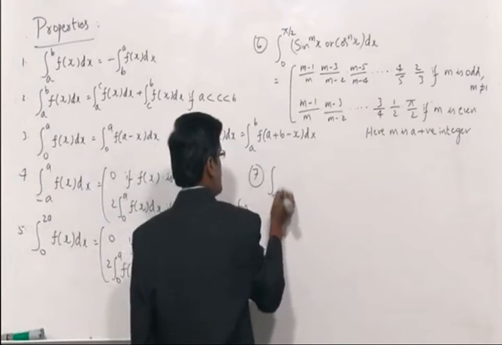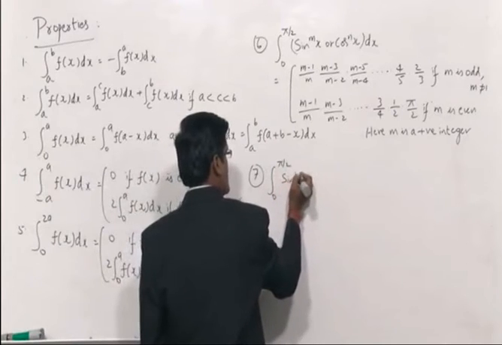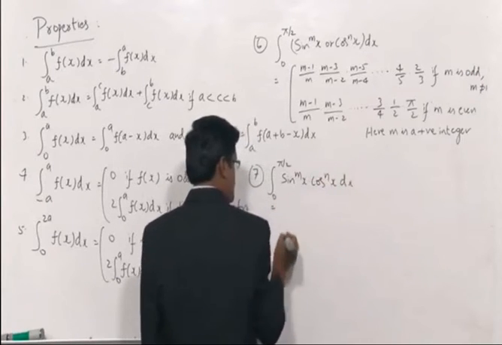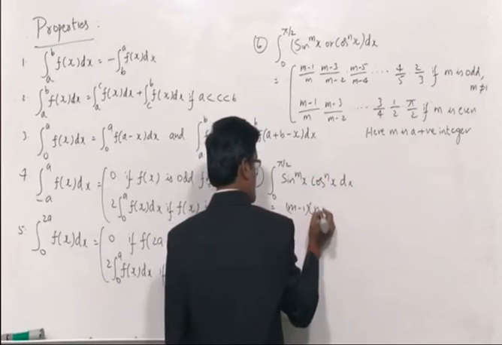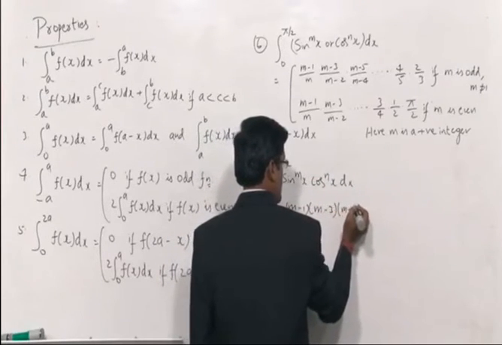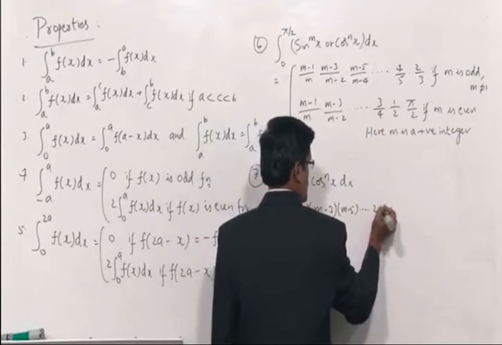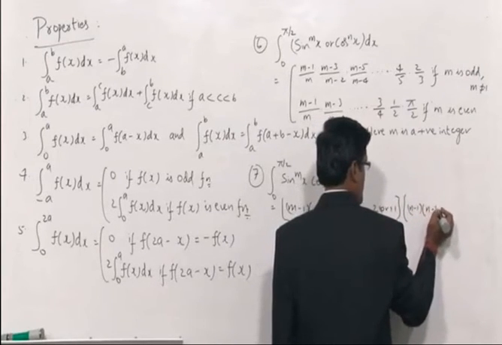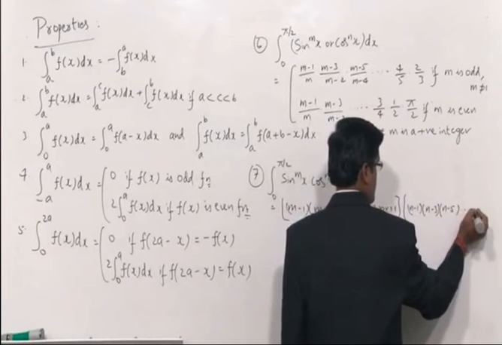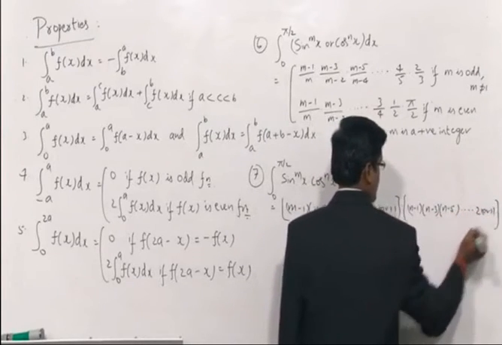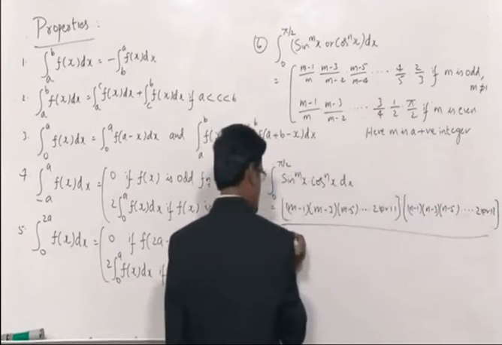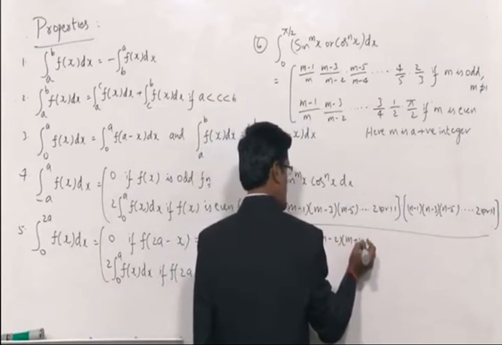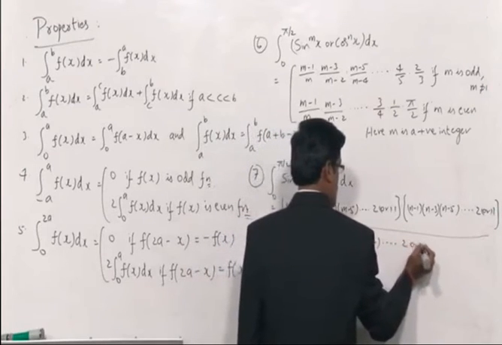Seventh, integral 0 to pi by 2 of sin power m x into cos power n x dx is equal to m minus 1, m minus 3, m minus 5, and so on, down to 2 or 1, into n minus 1, n minus 3, n minus 5, and so on, down to 2 or 1, divided by m plus n, m plus n minus 2, m plus n minus 4, and so on, down to 2 or 1.